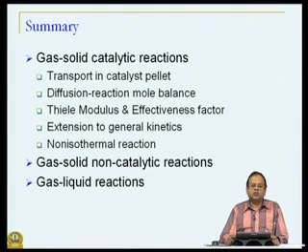We saw how this effectiveness factor and Thiele modulus are related to each other. For example, when Thiele modulus is very small, effectiveness factor is close to unity for all the reactions. On the other hand, if the diffusion is very slow, that means Thiele modulus is very large, the effectiveness factor varies inversely as Thiele modulus.